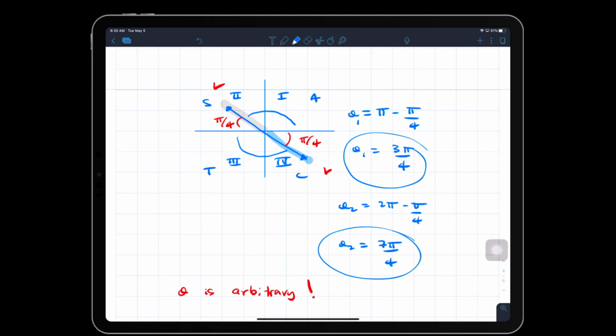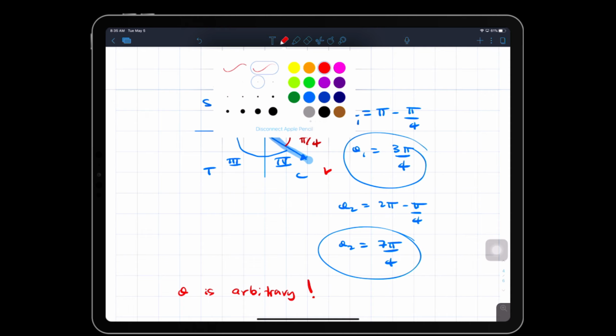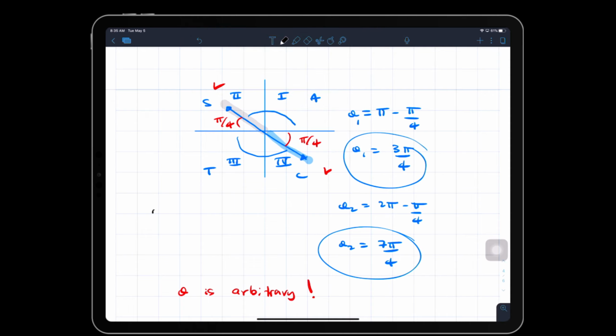So if you guys remember, as you keep rotating either clockwise or counterclockwise, you can very easily write a general solution this way. We can say that theta, take this angle here, the first one, of 3 pi over 4 plus, all we have to do is add pi, another pi, pi, another pi.